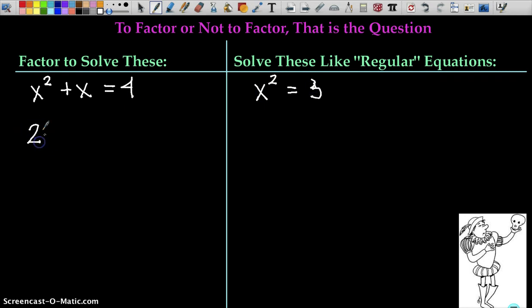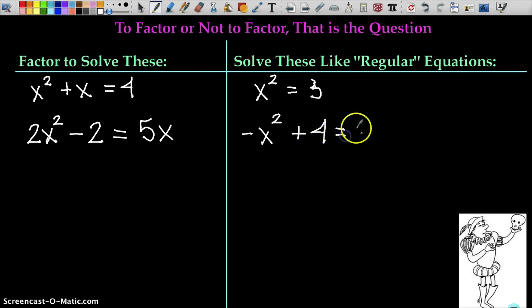Factor to solve something like this. But you do not factor an equation that would look like this one. Are you seeing why, perhaps? Maybe it might have something to do with this. Huh? Maybe. Well, guess what?